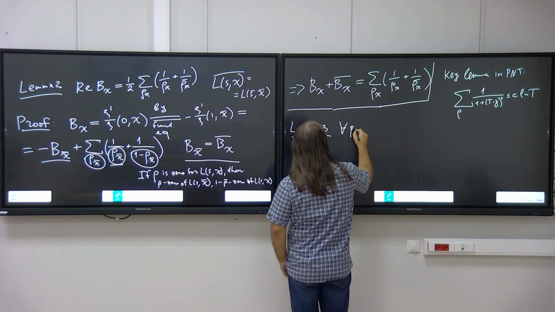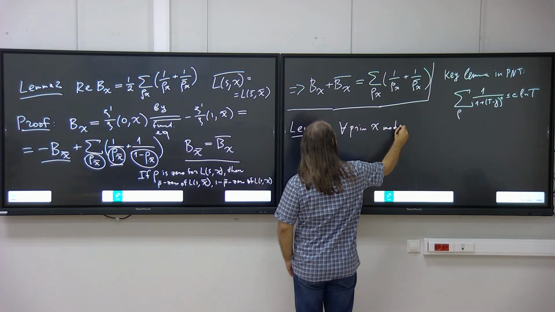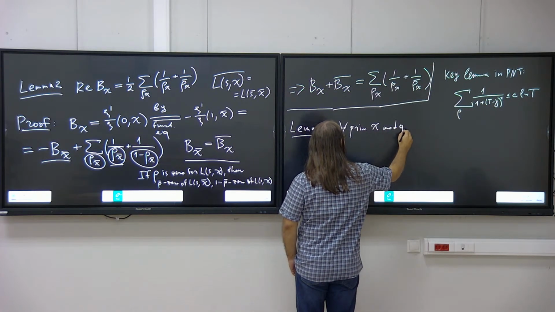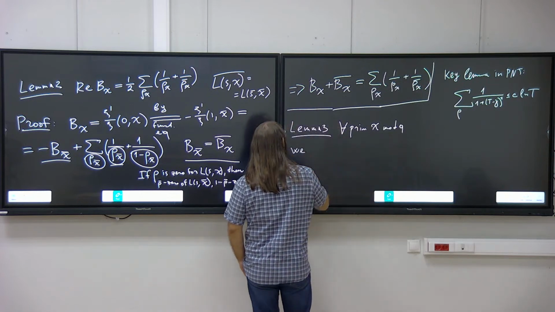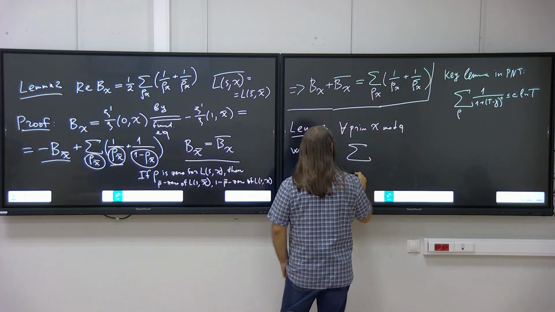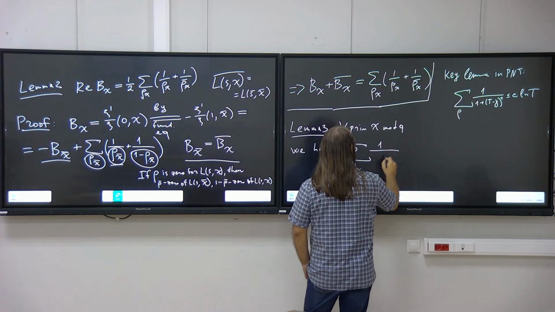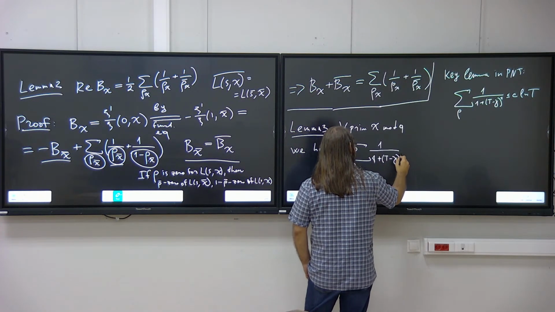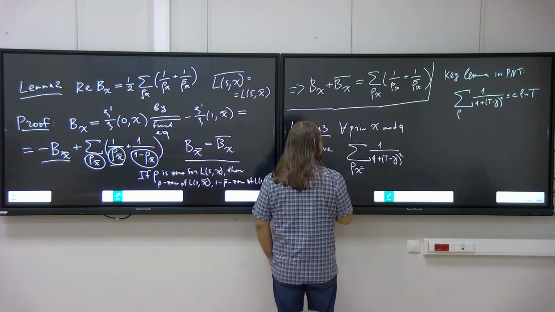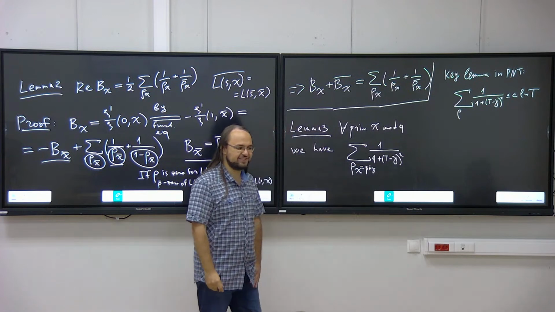For any primitive chi modulo Q, we have the following. The sum over all rho sub chi of 1 over 1 plus (t minus gamma) squared, where rho sub chi is once again equal to beta plus i gamma, as usual.